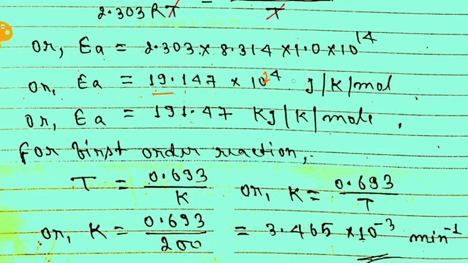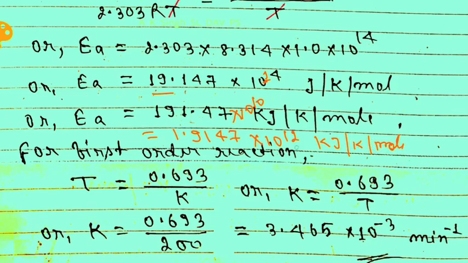If it is converted into kilojoule, then you have to divide it by 10 to the power 3. So it will be equal to 191.47 into 10 to the power 10, or it is better to write 1.9147 into 10 to the power 12 kilojoule per Kelvin per mole.